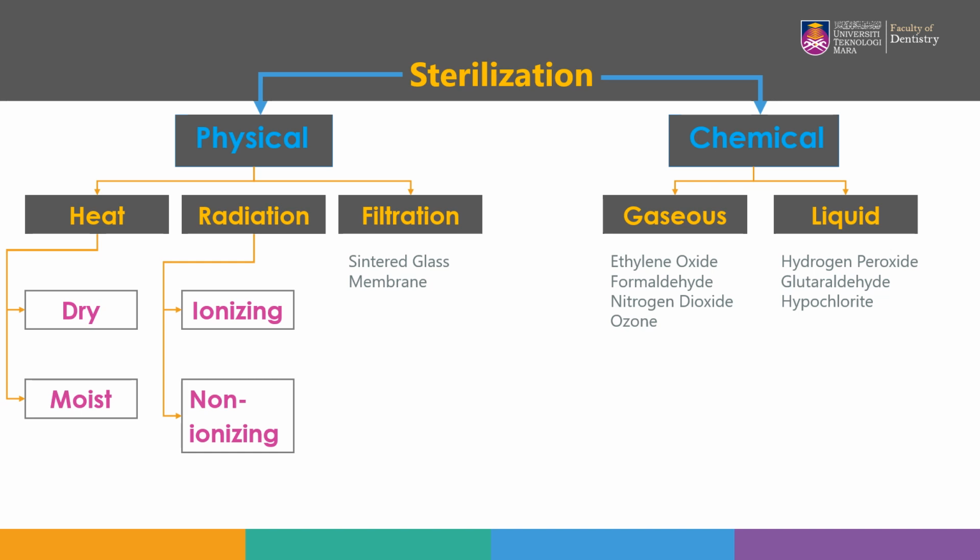So every equipment or instrument that we want to sterilize has its own sterilization preference. Okay, so always follow the manufacturer guidelines or recommendations. Okay, so for sterilization, at least we take note these are available. Okay, and it actually depends on the instrument itself.